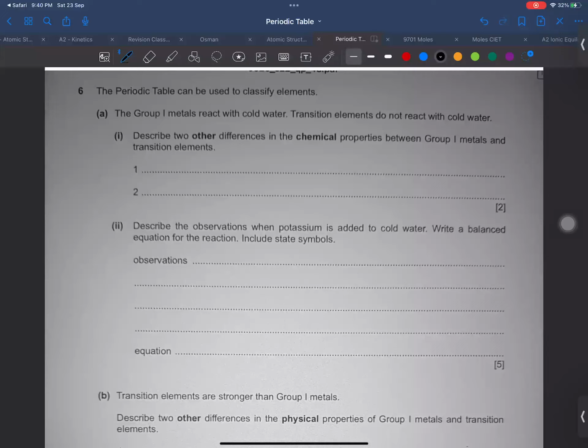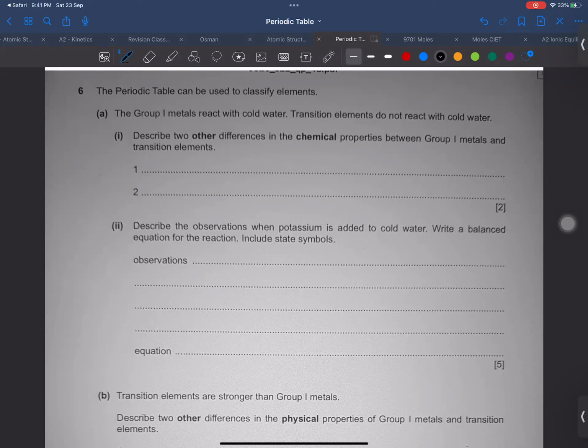So we know the chemical properties of transition metals. They form colored compounds, they have variable oxidation states, and they can act as catalysts. These three chemical properties are specific to the transition metals, but they do not belong to the group 1 elements.